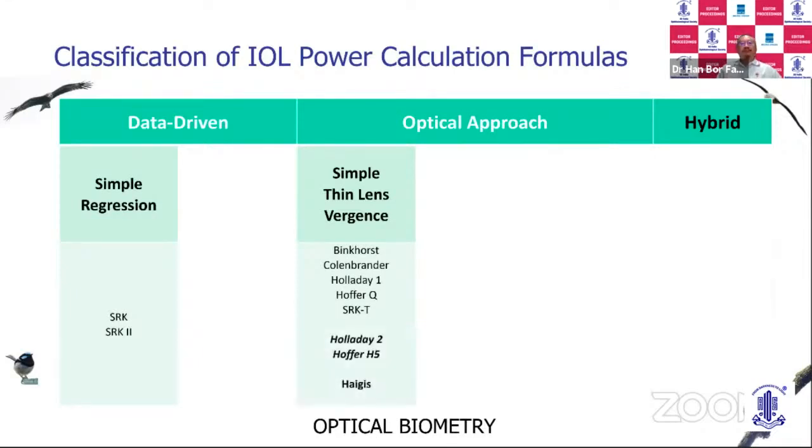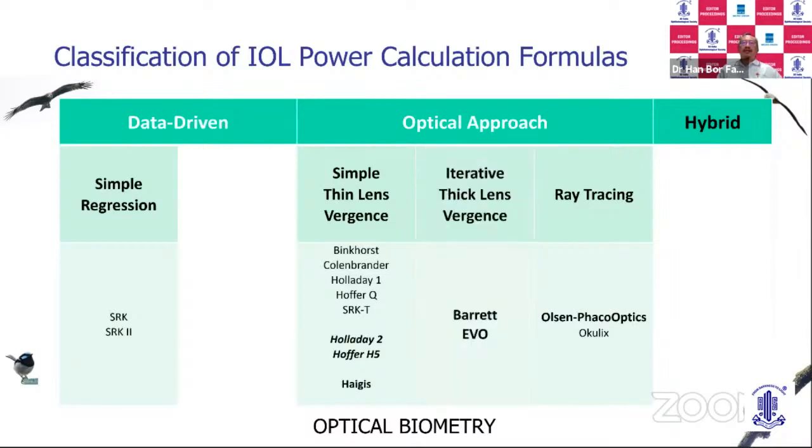Holladay 2, okay, and then Haigis, which is mainly based on optical biometry. Of course, subsequently there's ray tracing, iterative thick lens versions. These are based on computational power as well as thick lens. They need a computer to iterate the power.